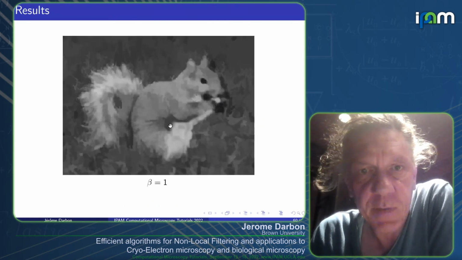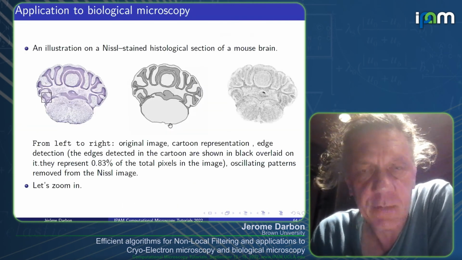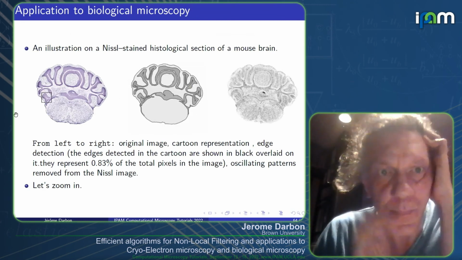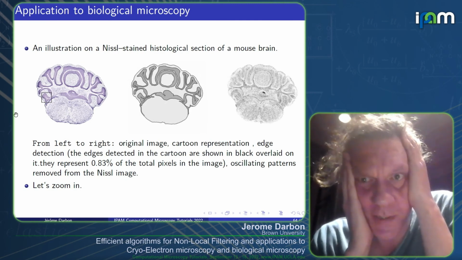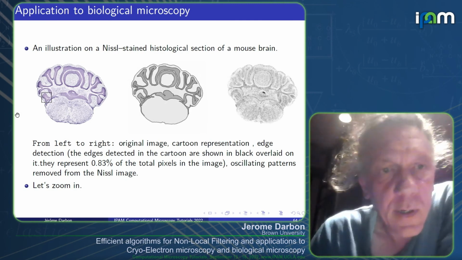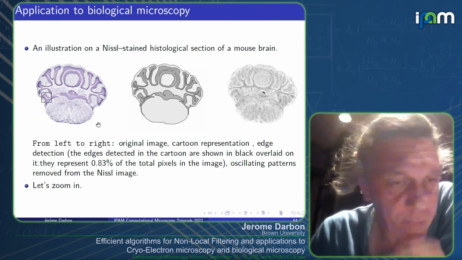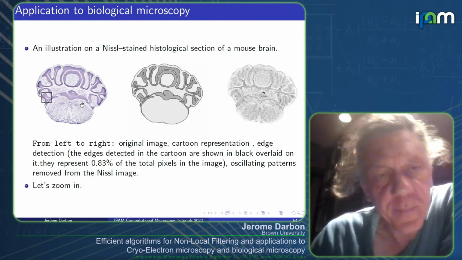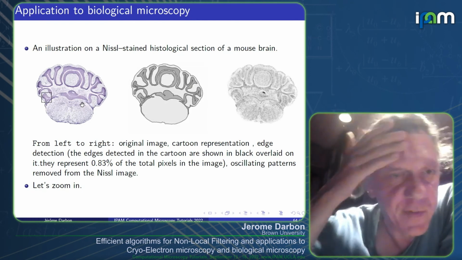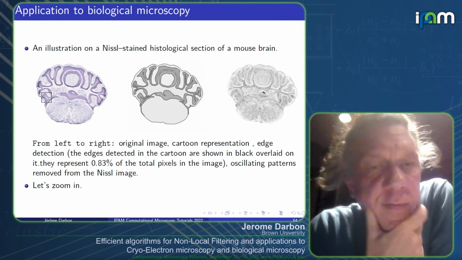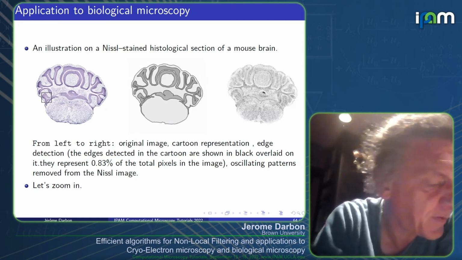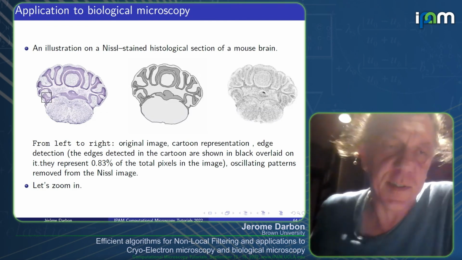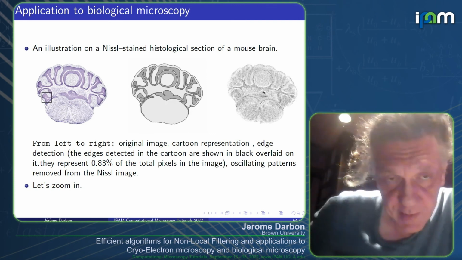And let me skip this and show you directly what you can do with this algorithm on an unstained histological section of a mouse brain. The idea, again, that problem was originally from Alex, where you have a collection of these brains, and you have two problems. The first problem is to do the registration of two slices of this brain in a precise way.